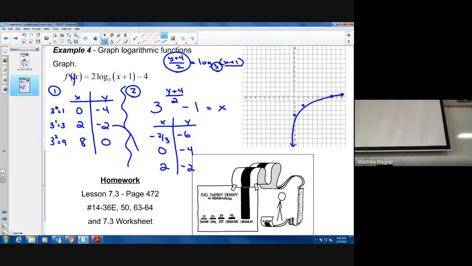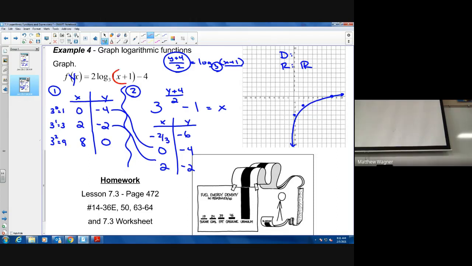Notice, did we get the same coordinates with either form? Yes, we just got a different third point, which is A-OK. Keep in mind, it is important that we establish our domain and range on these. Our range, as we said before, is always all reals. The domain, what are we thinking as we see this?